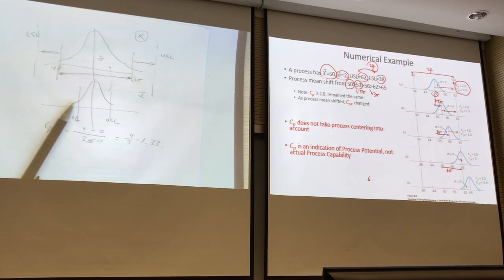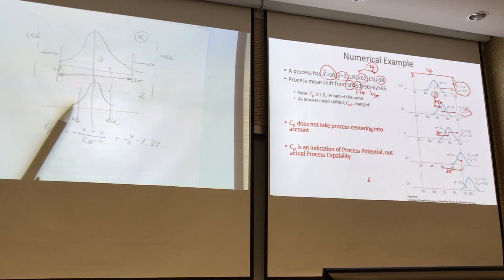As you move by 1.5 sigma, CPK becomes 1.5. Move again, it becomes 1, as we calculated earlier. When the mean is in line with the spec limit, it is 0. When you move outside, originally the definition is supposed to give a positive value, but now it is negative.